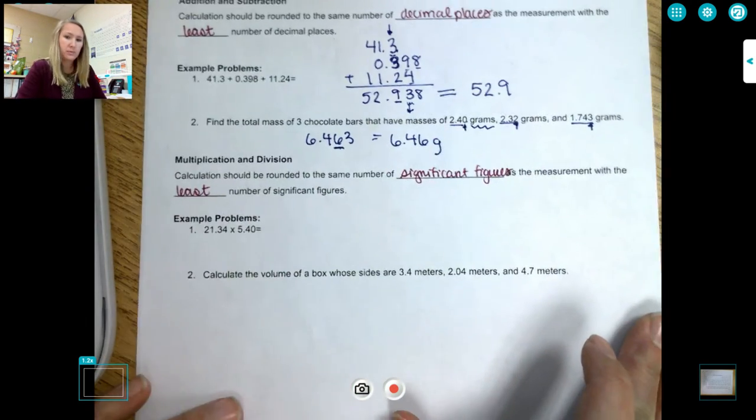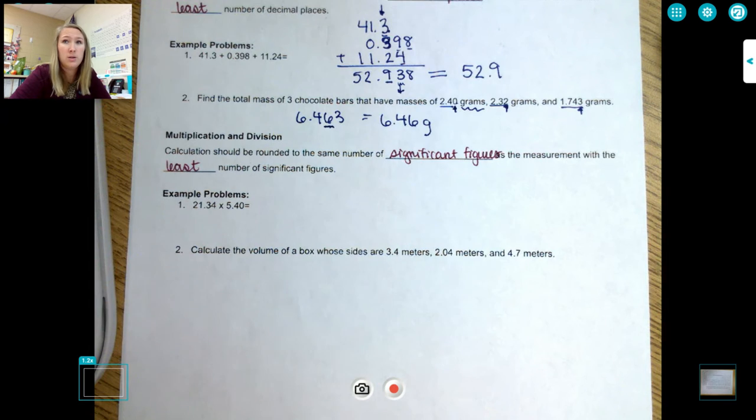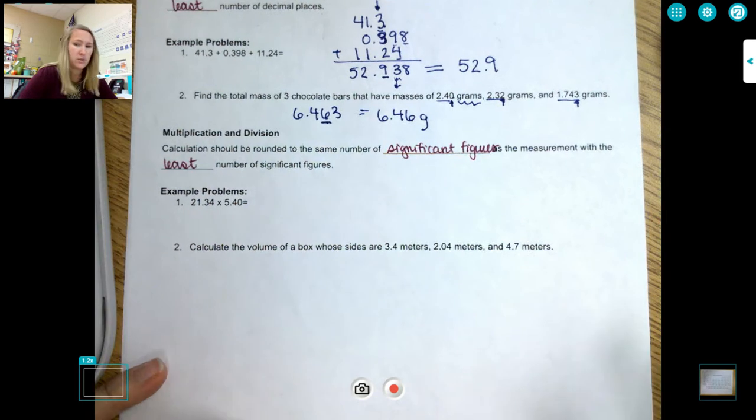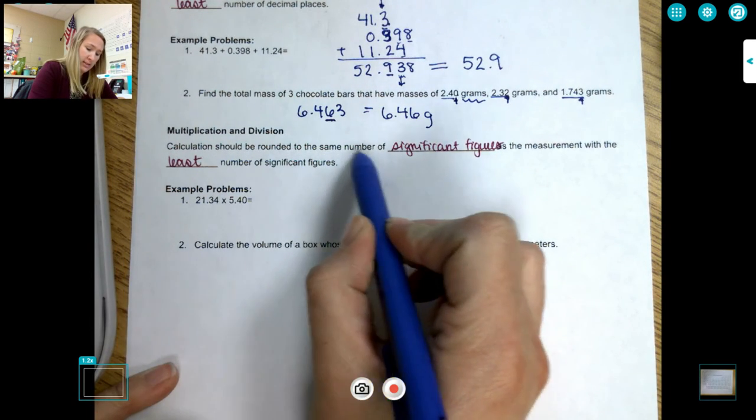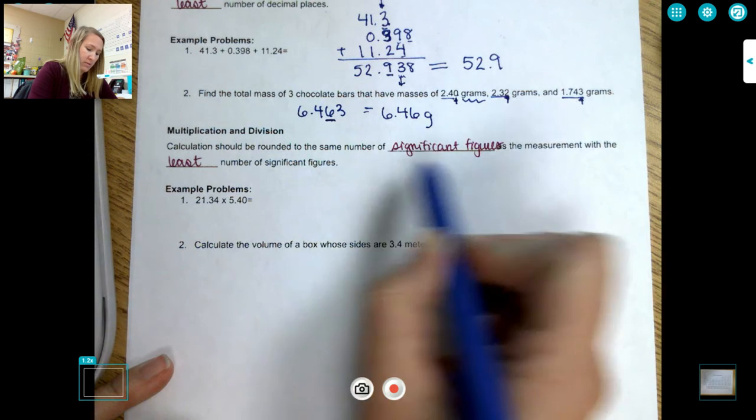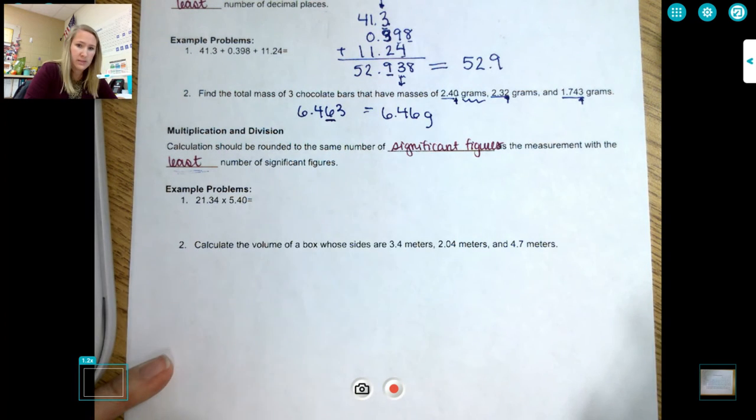Finally, multiplication and division. We use multiplication and division more than any other math process in chemistry, and so this is the one you'll end up being most familiar with. Calculations will be rounded to the same number of significant figures as the measurement with the least number of sig figs.